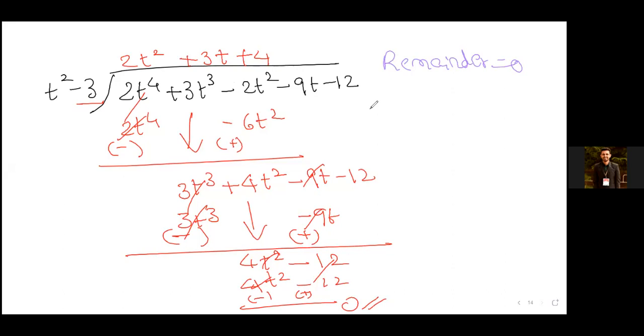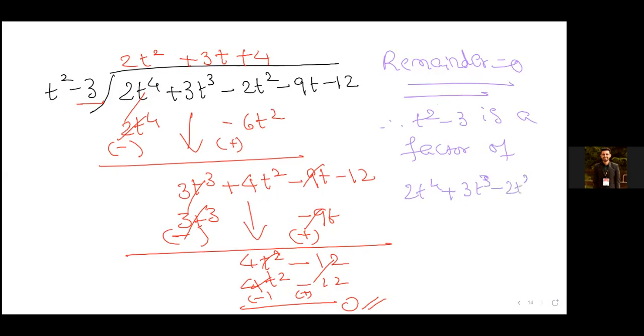Remainder is 0 here. That is why we can say that t square minus 3 is a factor of 2t to the power 4 plus 3t cube minus 2t square minus 9t minus 12.